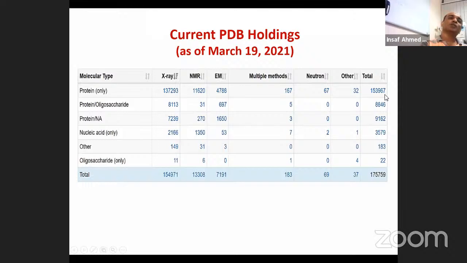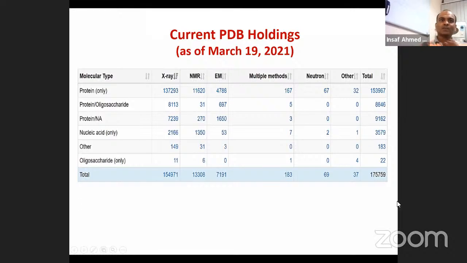People have determined protein structures with oligosaccharide, like any carbohydrate, and with nucleic acid also. Almost 9,000 structures with oligosaccharide and nucleic acid are available. Only nucleic acid structures, like aptamer, almost 3,500, and others.